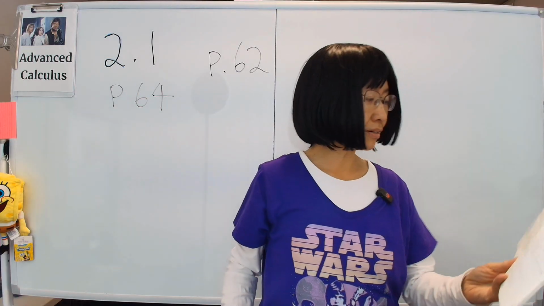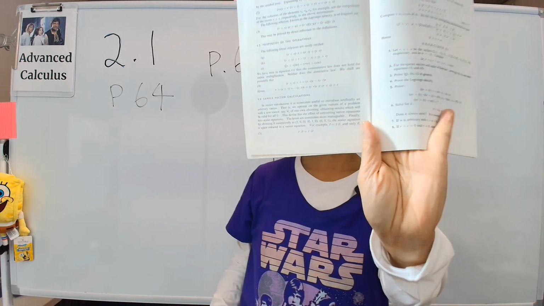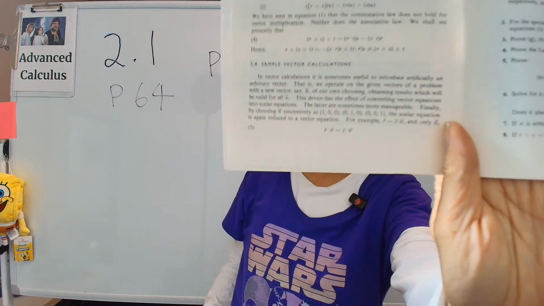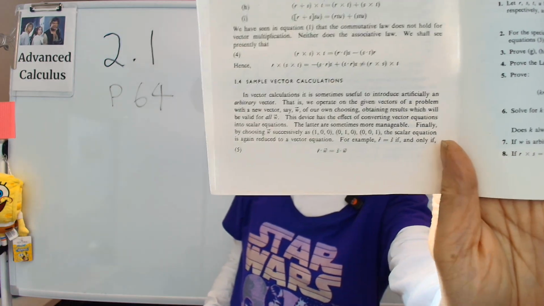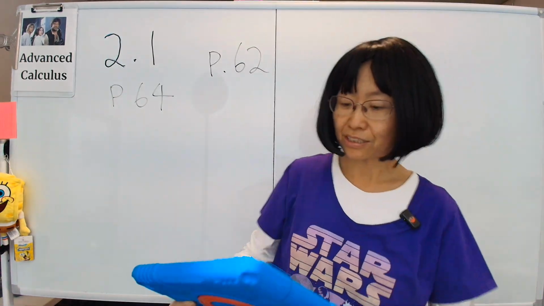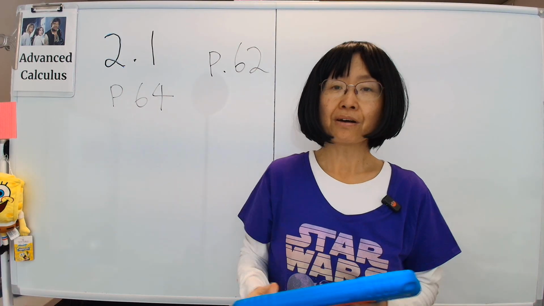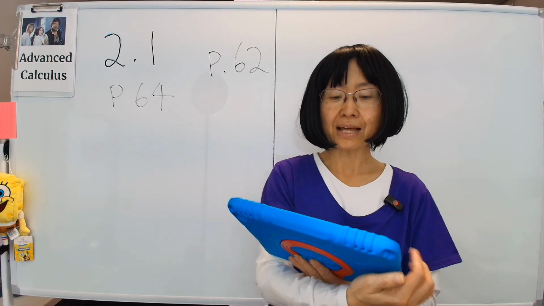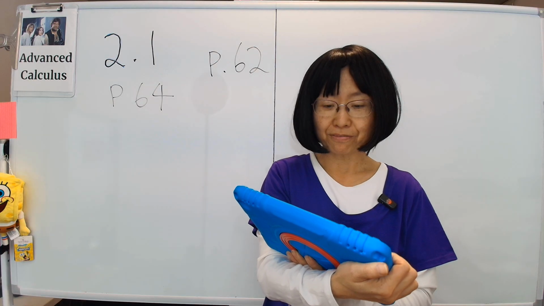Now, the next part of the book, so again, please read this carefully. We're now towards the bottom of page 64, where the book mentions a neat trick: if we are to prove two vectors to be equal, one way we can do it is to dot the two vectors with any random vector.